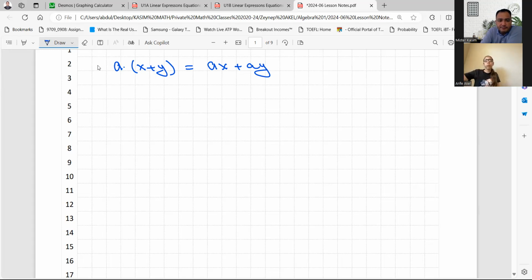But because of this a, it doesn't mean that it's just a whole number. This a can be 1, it can be 5, it can be 1 over 2, it can be negative 3 over 2, it can be 2 over 7, it can be any real number.